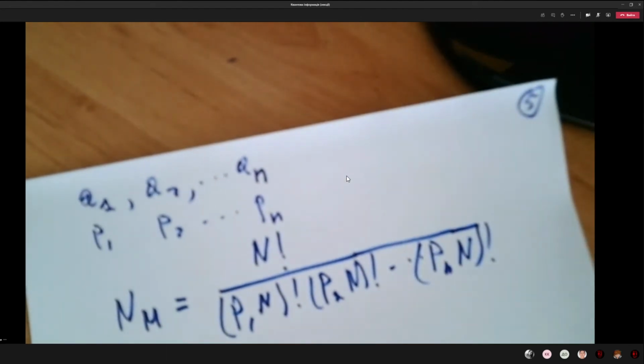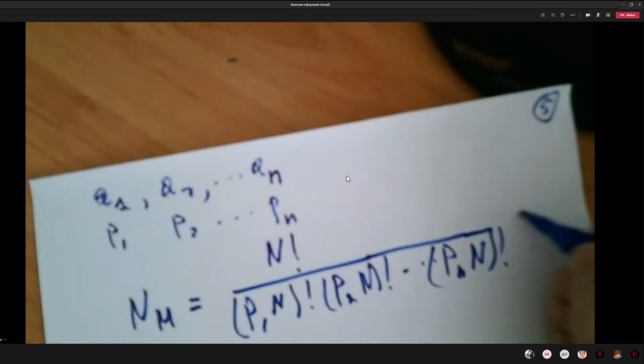And absolutely in the same way as we get the formula for Shannon entropy in the case when we have in the message only 2 letters, we can give a similar result in this case.